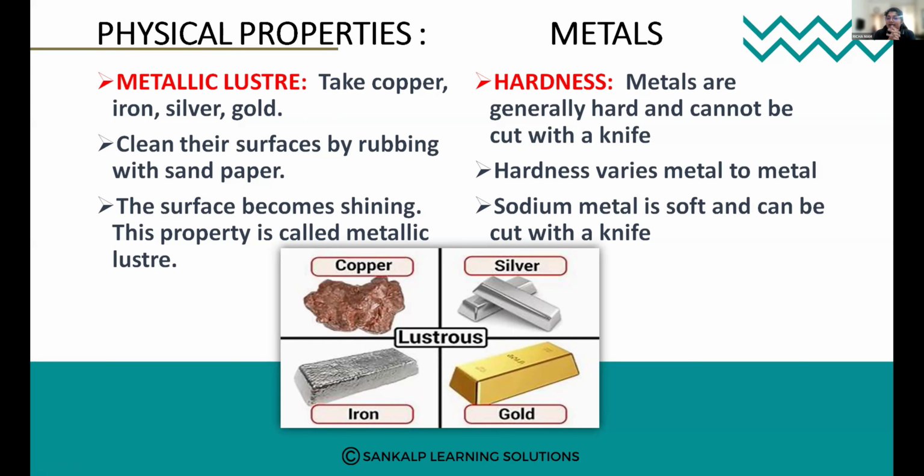Then the second property is hardness. Metals are very hard. If you take any copper vessel or gold, or an iron rod, and try to bend it, is it possible to cut it or bend it?